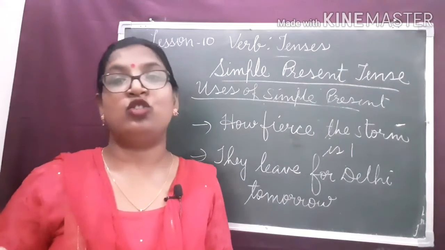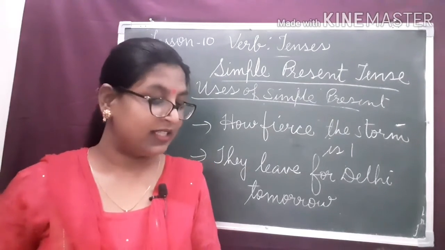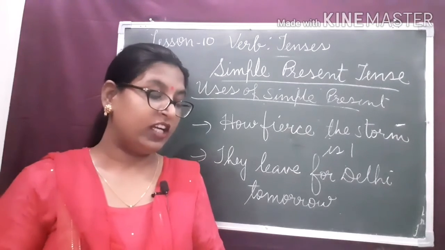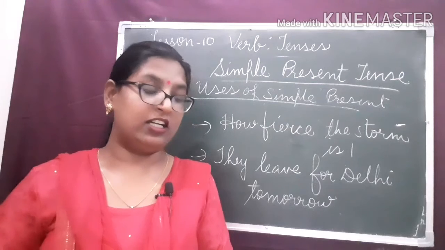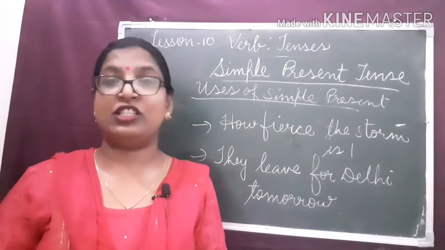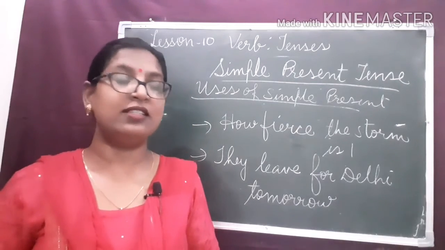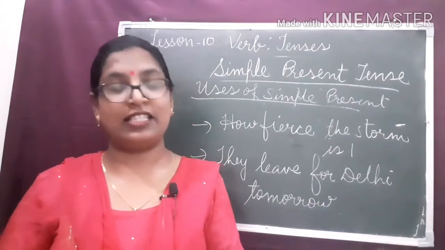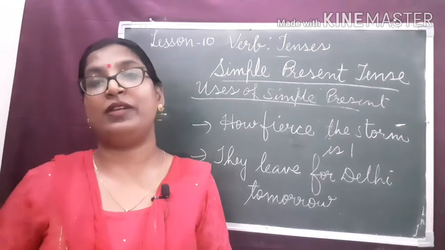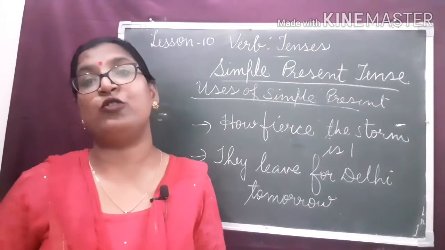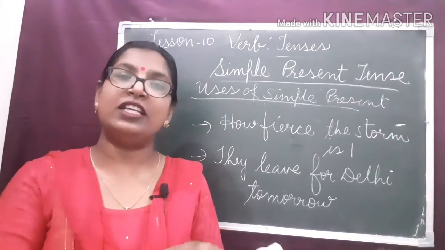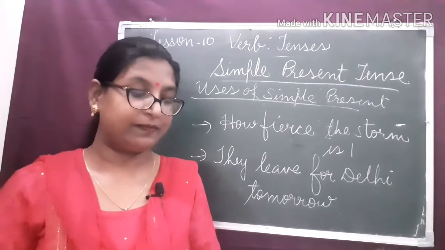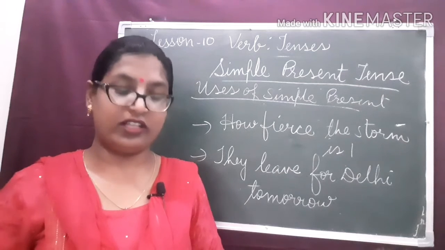Third is to talk about characteristics, and the fourth is to talk about habits, and the fifth is that simple present tense is used in exclamatory sentences, and the sixth we studied, simple present tense is sometimes used to represent a future action. These are the different uses of simple present tense. I hope you understood this.